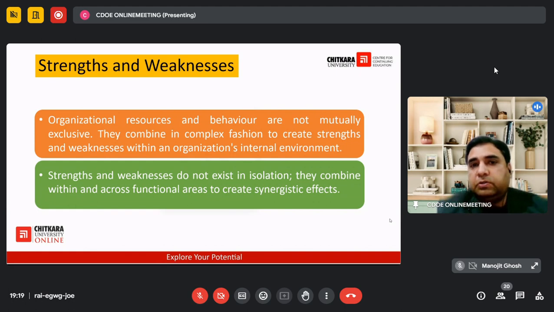Any flaws, or any negative or improper utilization of the resources, can lead to what is called your weakness or strength. Strengths and weaknesses do not exist in isolation. They combine within and cross-functionally to create a synergic effect.